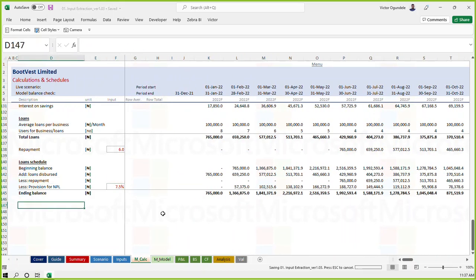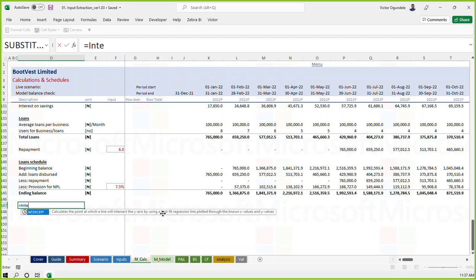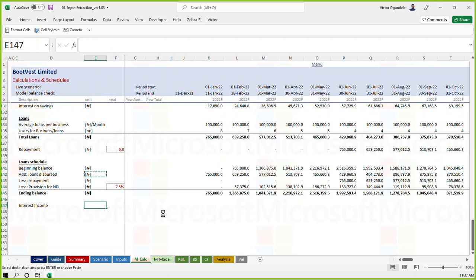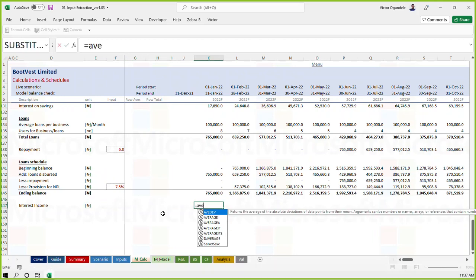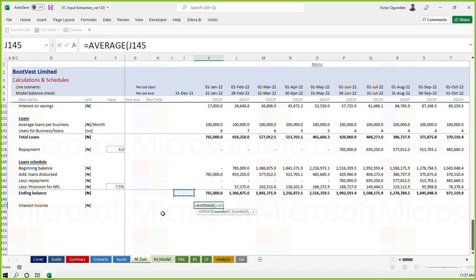All right. So what next? Let's calculate our interest income. So we copy this, our currency, and that will be equal to the average of the closing previous year balance and current year ending balance, right?